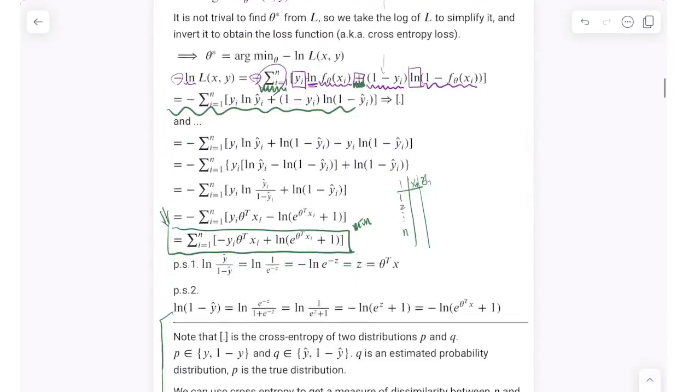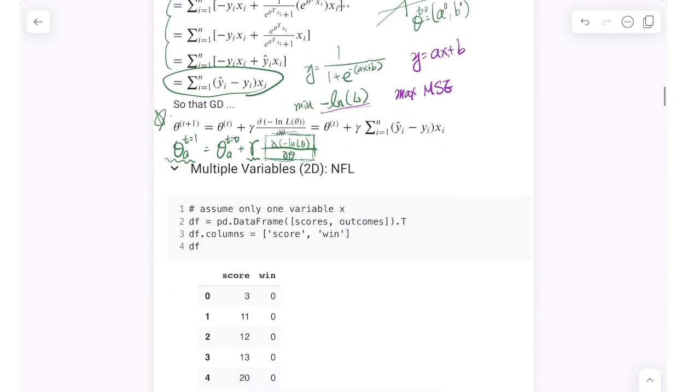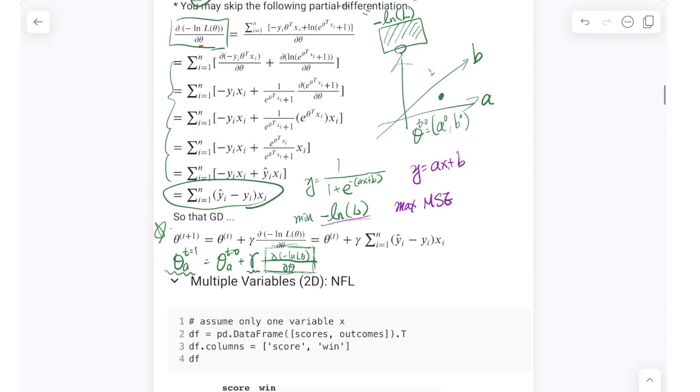That is how we use some mathematical tricks to help you find the optimized parameter, which has the smallest minus log likelihood.